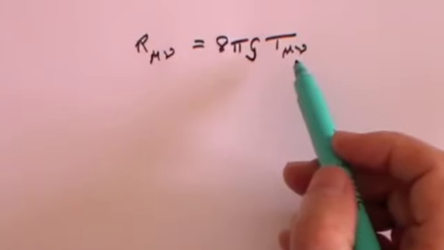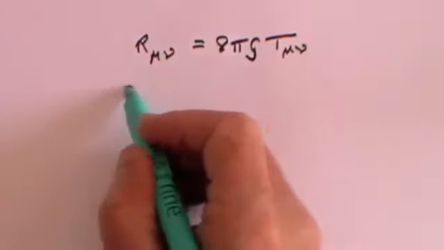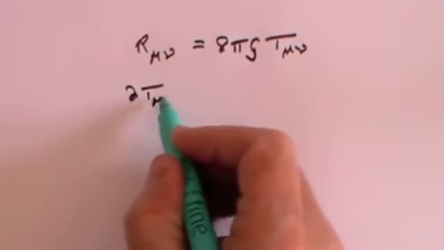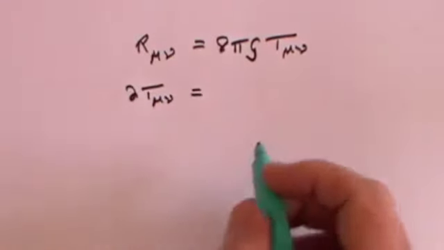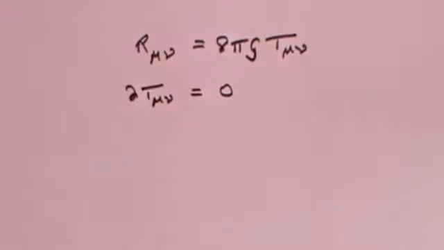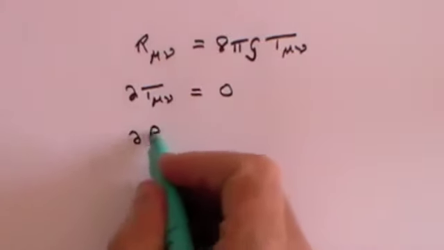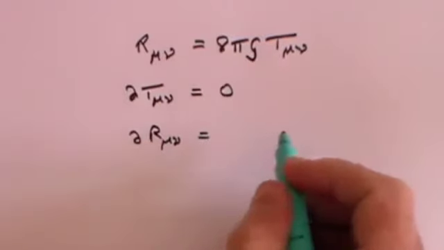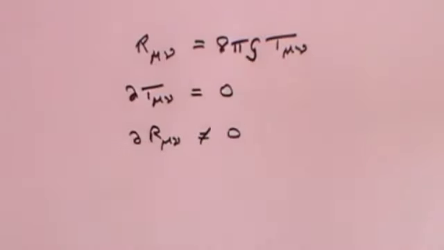Energy can be neither created nor destroyed. So if you take the derivative of the energy tensor, it should be 0. There is no change in energy. The problem is, if you take the derivative of the Ricci tensor, it does not equal 0.